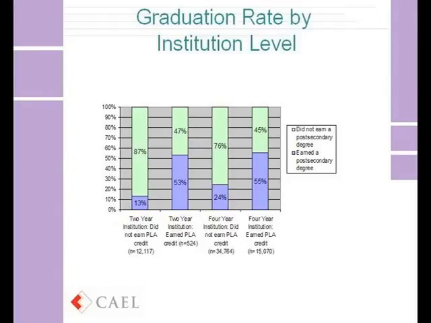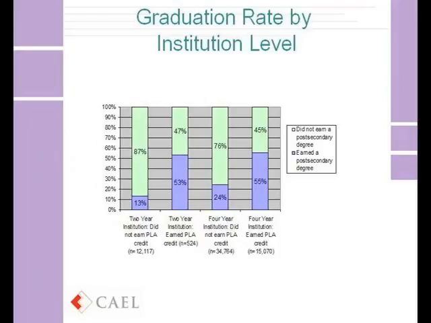Looked at in a positive way, we can say that at 2-year institutions, 53% of students who earned PLA graduated, whereas 13% of those who did not earn PLA graduated.